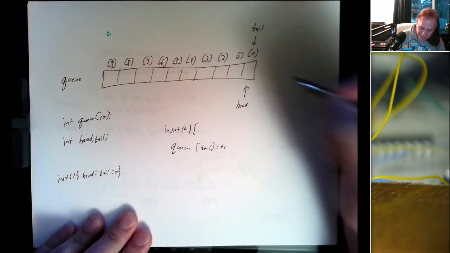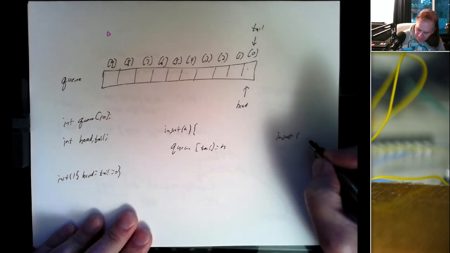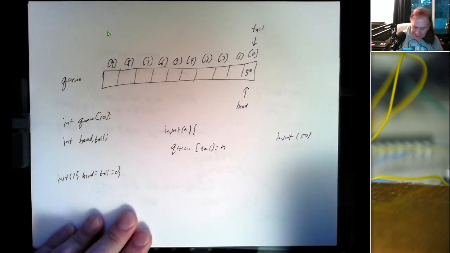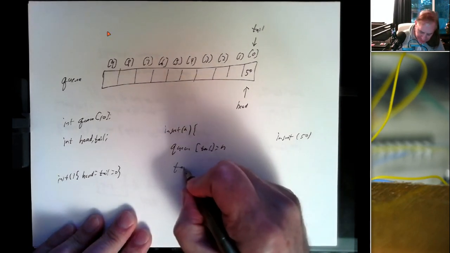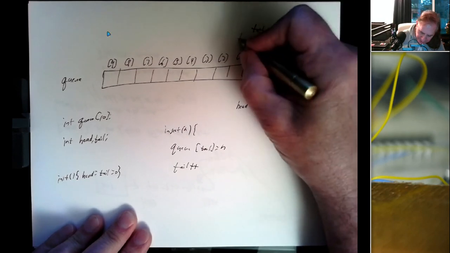So we'll store our first piece of data here. So let's say we insert a 50. So we'll store a 50 right here, and then we want to increment the tail. So tail will point over here.